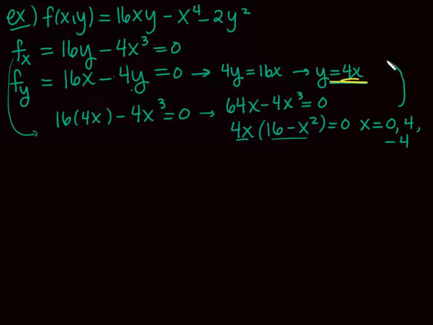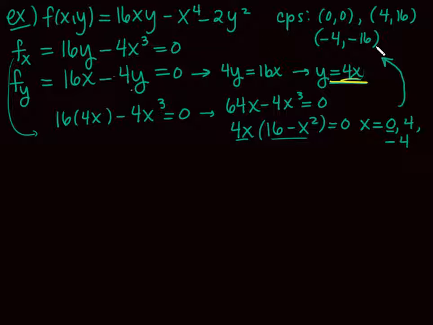So I'm going to come back up here because I'm going to run out of room down here. Here are my critical points, okay? Well, when x is 0, what is y? 4 times 0, which is 0. When x is 4, 4 times 4 is 16. And when x is negative 4, 4 times negative 4 is negative 16.